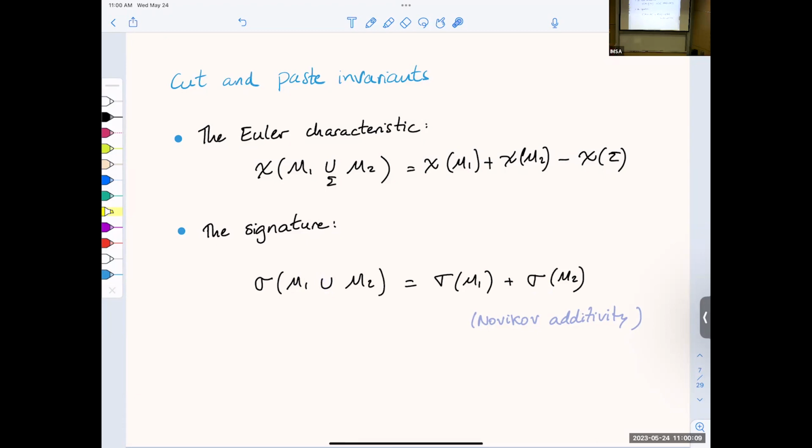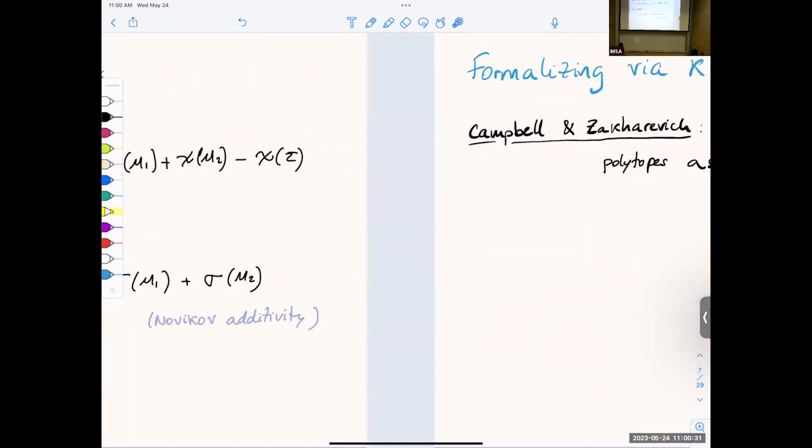That doesn't affect the result of the computation of the signature. So these two are cut and paste invariants, Euler characteristic and signature. It turns out that those two and linear combinations of them are the only cut and paste invariants for manifolds. Okay, so these are the invariants.